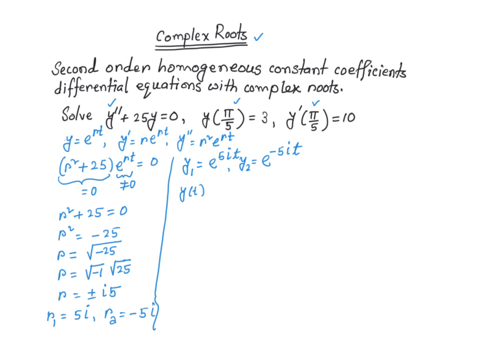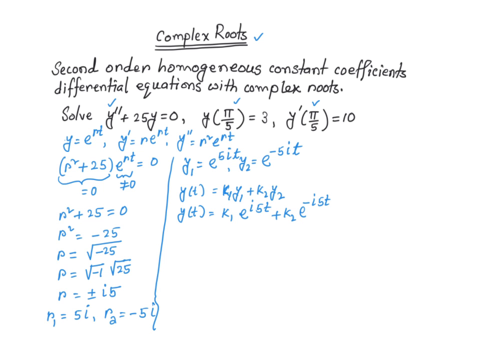So my general solution is going to be y of t is equal to k1 times y1 plus k2 times y2, which basically is going to give you y of t is equal to k1 times e to the power i times 5t plus k2 times e to the power negative i times 5t.